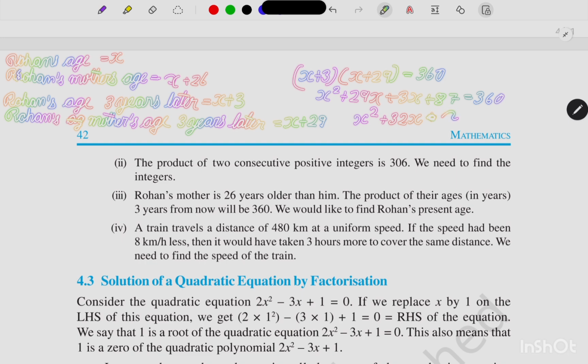Yeah, so this is not plus, this is minus 273. Okay, and this is equal to 0 because we took the 360 from the other side. And the solution to this equation will give us Rohit's present age.